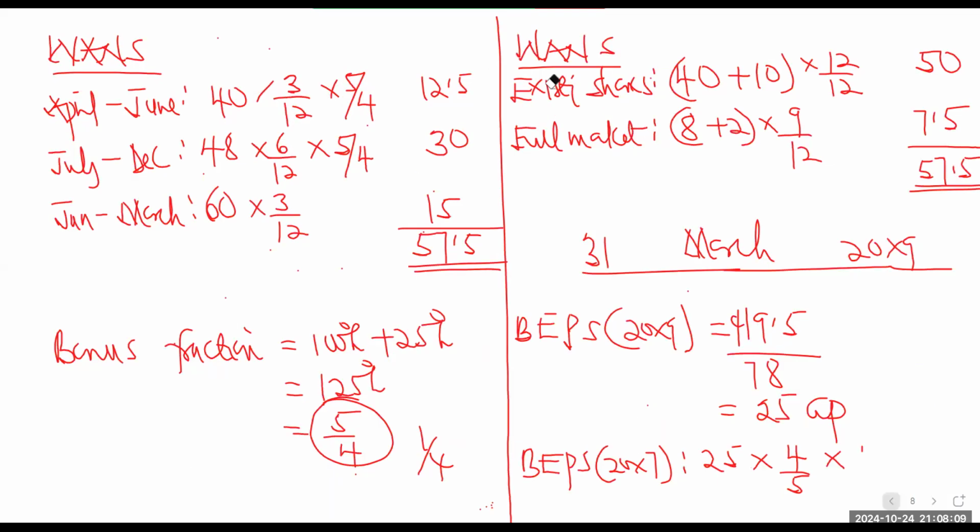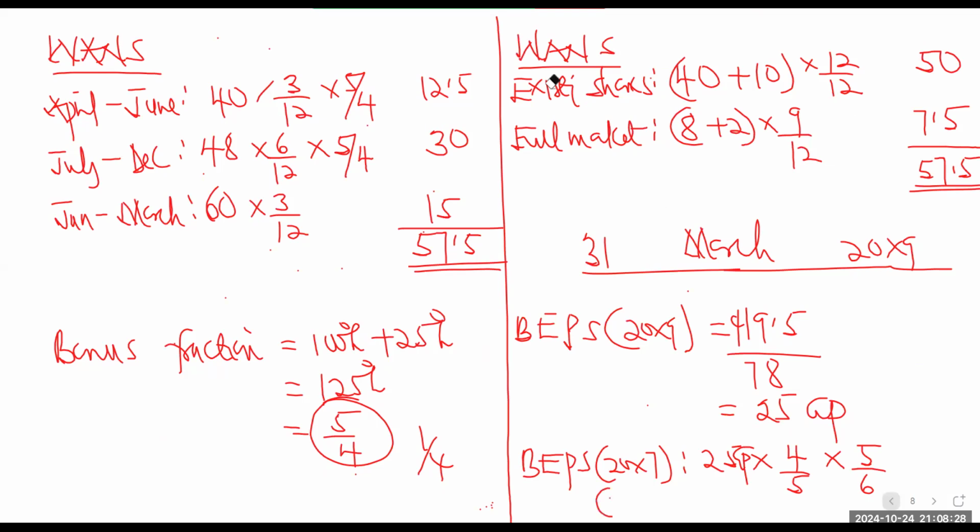The right issue, 5 over 6. So you see that these ones are just the elements of the bonus issue. The bonus issue is going to be having effect on the shares from the beginning also. So for 2x7, we assume that the bonus issue has been there.